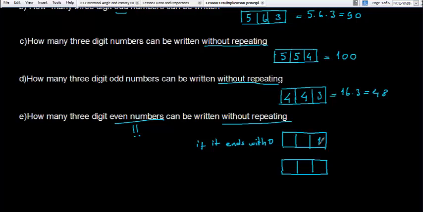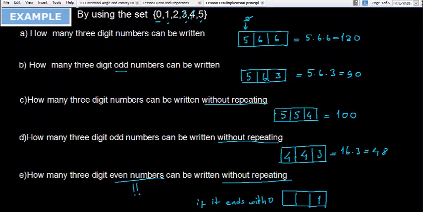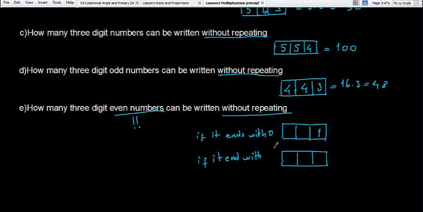If it ends with 0, there is only one possible case. Or if it ends with 2 or 4, it means that there are 2 possible cases here.